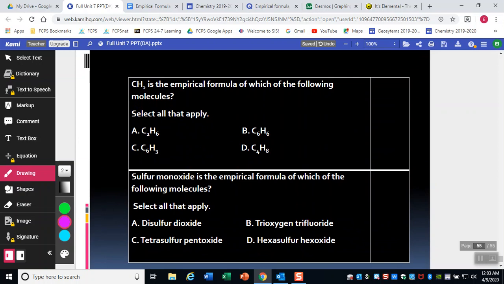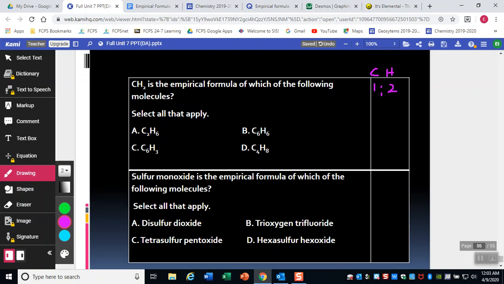Now we're given the empirical formula, right? It says, which of the following could be the molecular formula? The ratio of carbon to hydrogen has to be 1 to 2.